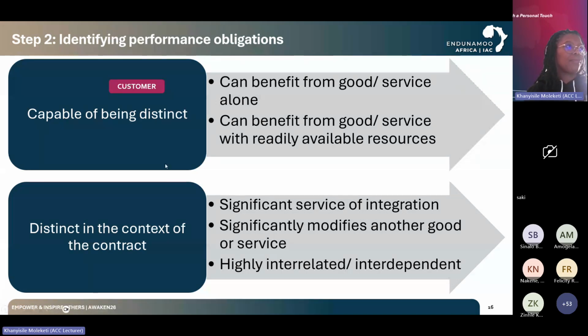Okay? Or you can benefit from the good or service with other readily available resources. Other readily available resources means resources that the entity has at their disposal. So, for instance, take the example of the car and the service plan: you already have the car because they're buying the car.